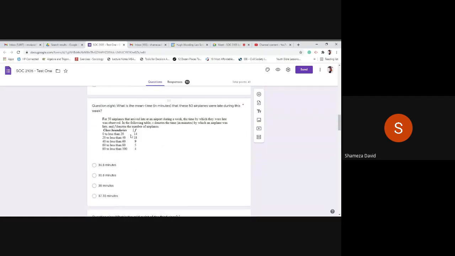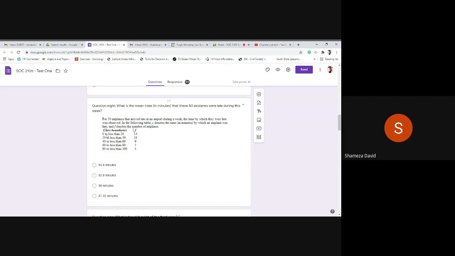So you were given a frequency distribution with this question. For 50 airplanes that arrived late at an airport during a week, the time by which they were late was observed. And then the table tells you the time in minutes by which an airplane was late, and the frequency, of course, tells you the number of airplanes.